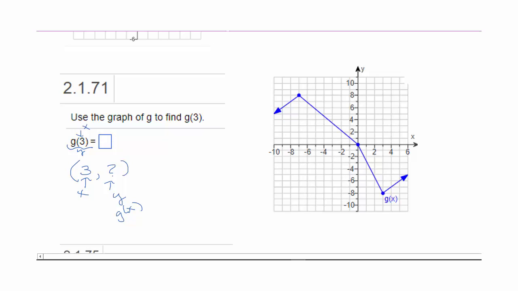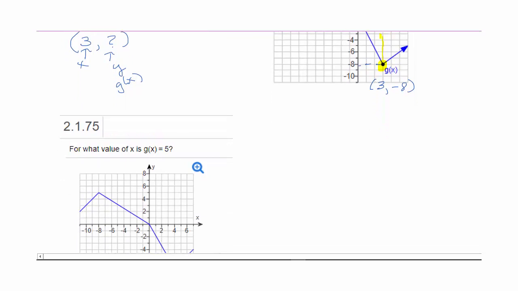So we look at the graph and we find the x value 3 right here between 2 and 4. And we look down at what's corresponding to that on the graph, that point right there. What are the coordinates of that point? Well, 3 obviously is the x coordinate. That's how we found it. But the y coordinate is -8. So the answer here that we would type into MyMathLab would be -8. Hope that makes sense to you.